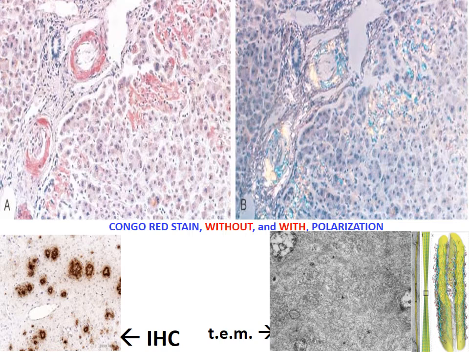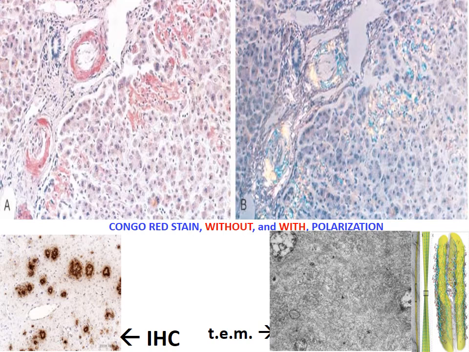This is the histologic picture which shows deposition of amyloid in and around the blood vessels. Now, this is the Congo red stain without polarized microscopy, which gives this red and pink color to the amyloid, and when it's visualized under the polarized microscope, it gives this apple green birefringence.